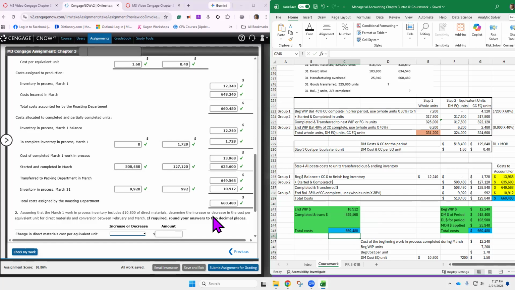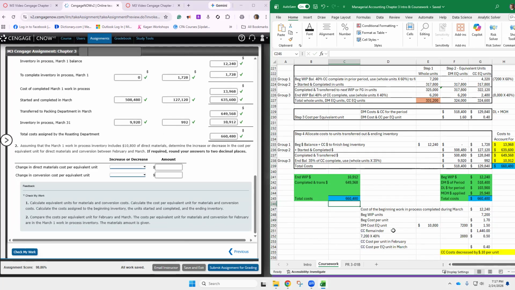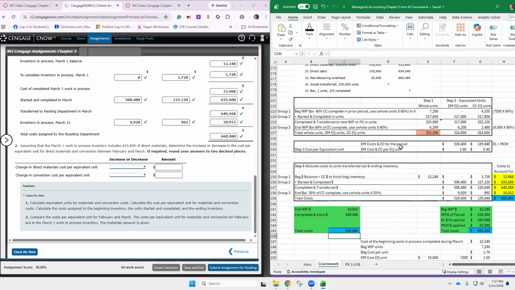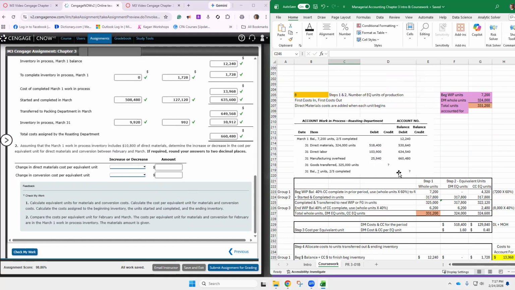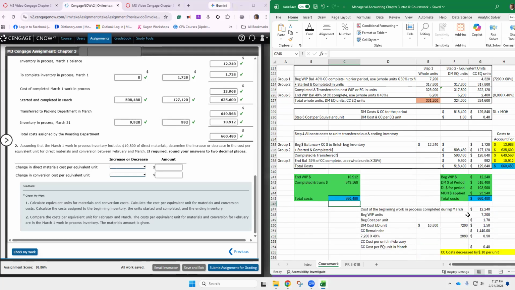All right, this last question is a little tough. What they want to know is, assume that March 1st, so if you think about March 1st, that would have been the end of February, right? So we're talking beginning inventory.